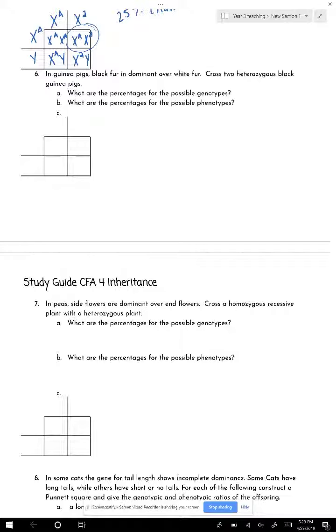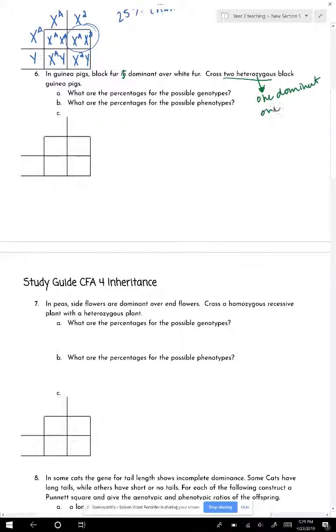So now it says that in guinea pigs, black fur, this is a typo, is dominant over white fur. Cross a heterozygous black guinea pig, right? So if we're talking about something being heterozygous, it has one dominant and one recessive.